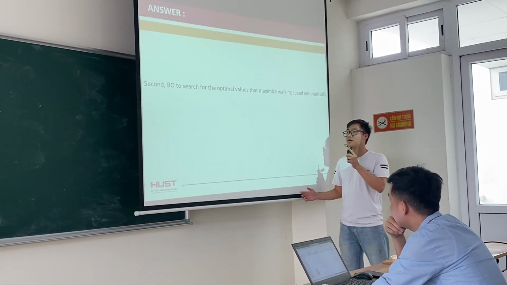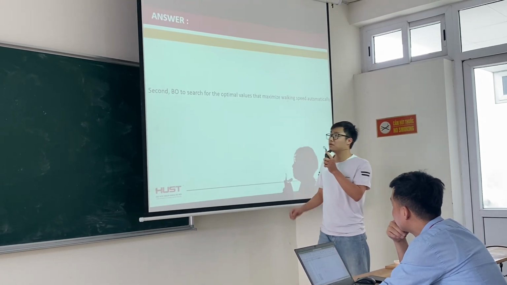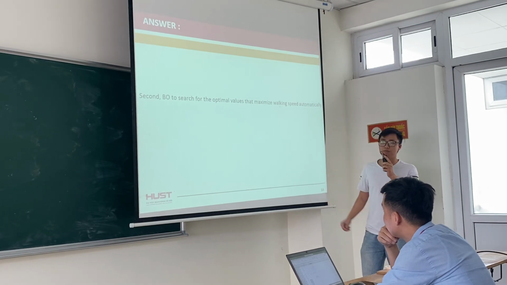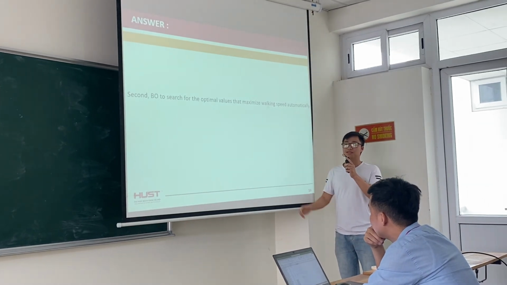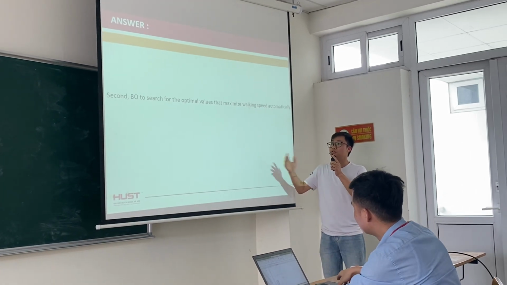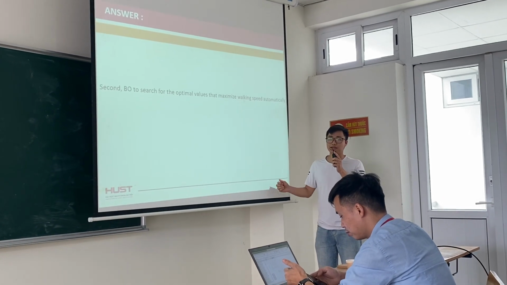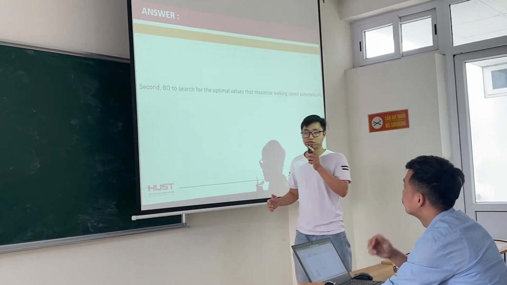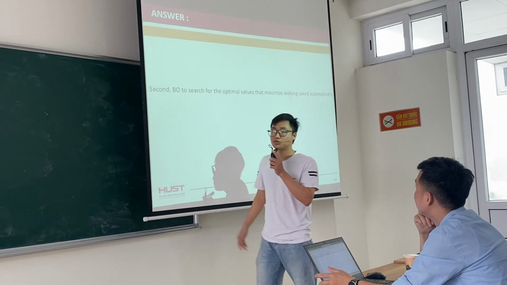That brings us to BO. Instead of manually searching for the optimal values to maximize the speed of the robot, we use BO to try a set of parameters, observe the result, and use that to guide the next trial.